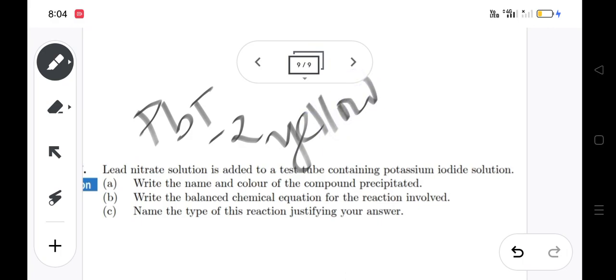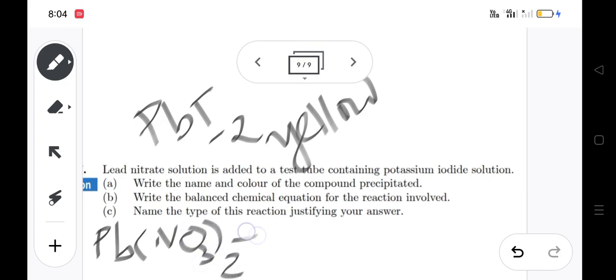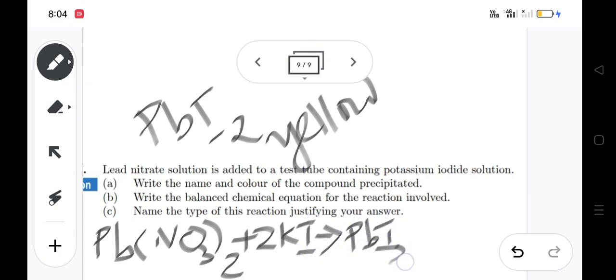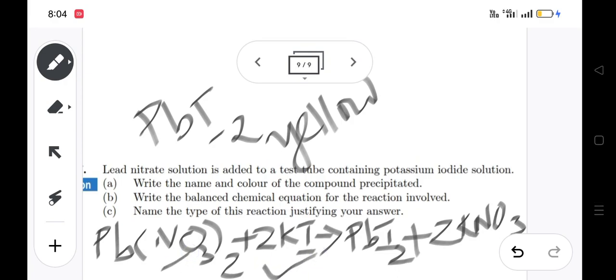Write the balanced chemical equation for the reaction involved. The balanced chemical equation: Pb(NO3)2 plus 2KI gives PbI2, which is the precipitate, plus 2KNO3. You have to mention the physical states: aqueous here, aqueous here, solid for the precipitate, and aqueous. Name the type of reaction justifying your answer.